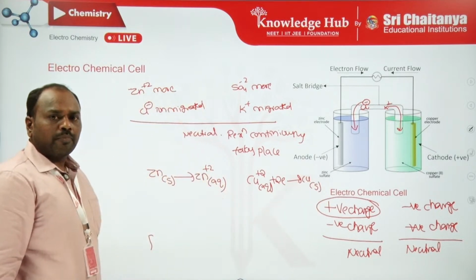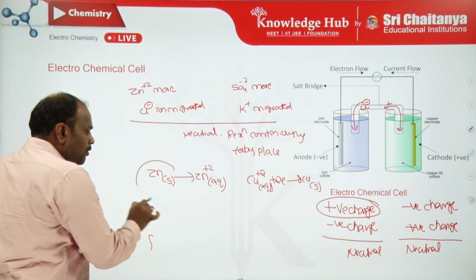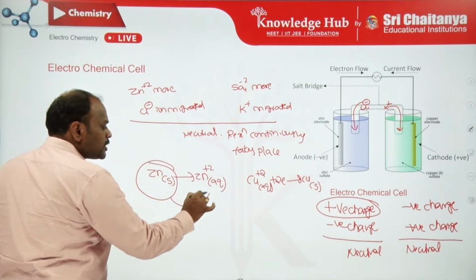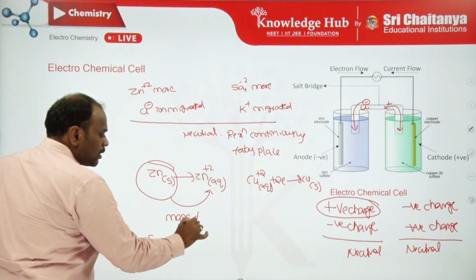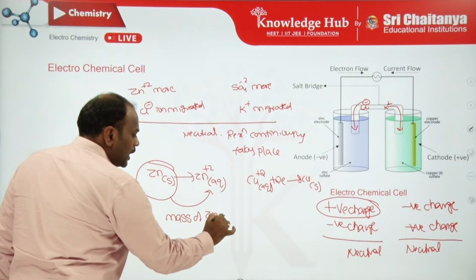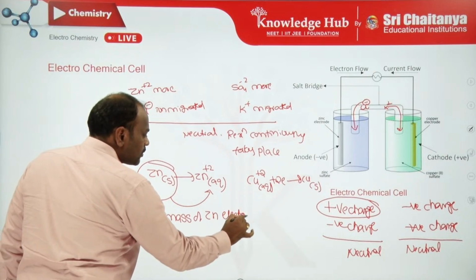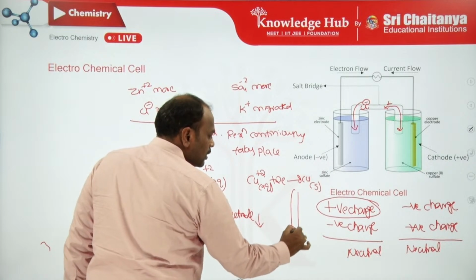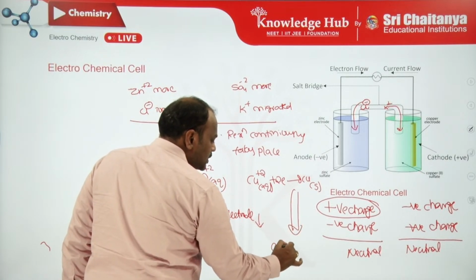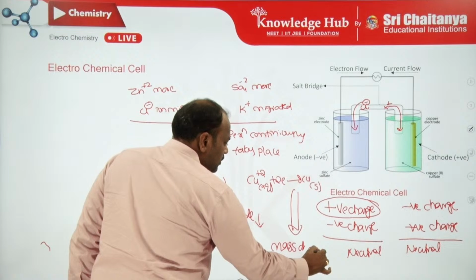What you observed? The anode electrode will be dissociated. So that means the mass of the zinc electrode decreases. What you observed on the right side? The mass of the copper electrode increases.